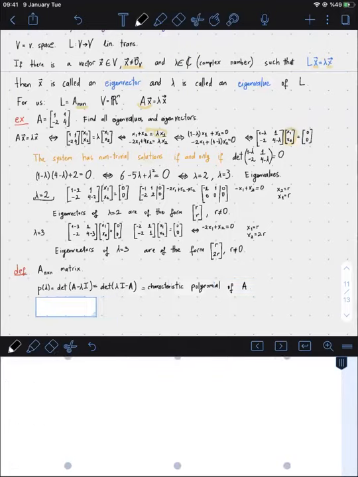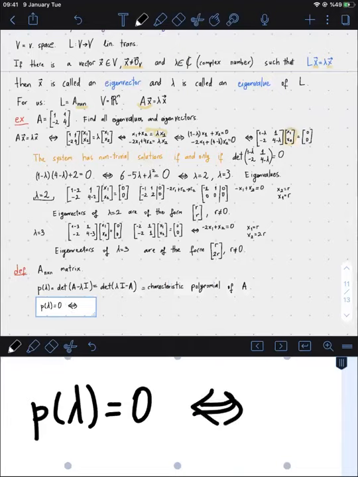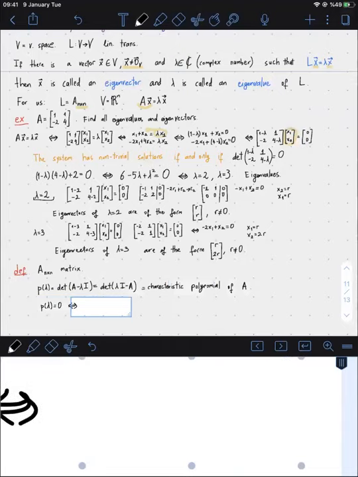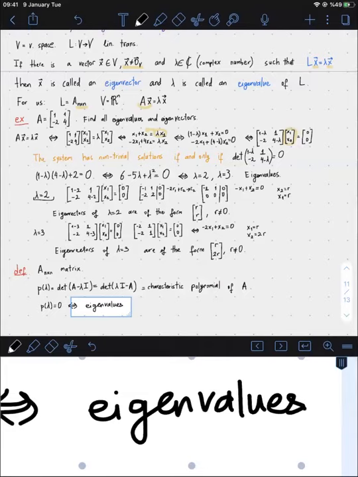And the roots of this polynomial give us the eigenvalues. And this equation is called the characteristic equation.